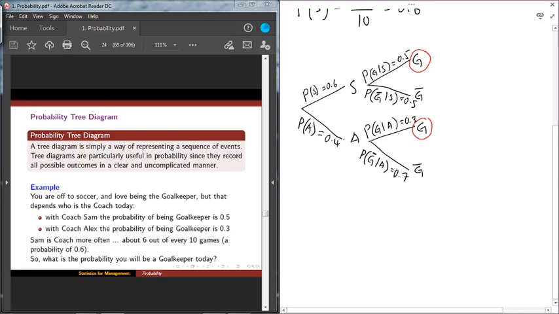To compute the probability you become a goalkeeper today, you have to focus on the end branches. Look at the G and G, goalkeeper and goalkeeper, and move from the origin, from the first branch. How are you going to attain here? Let's say you are standing here. You will go here and go here. Therefore, if you go by branch, how do you compute this probability? That would be 0.6 multiplied by 0.5. You will get 0.3.